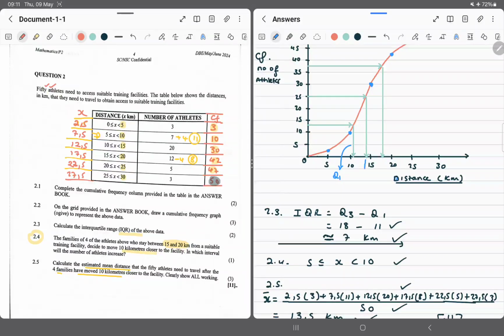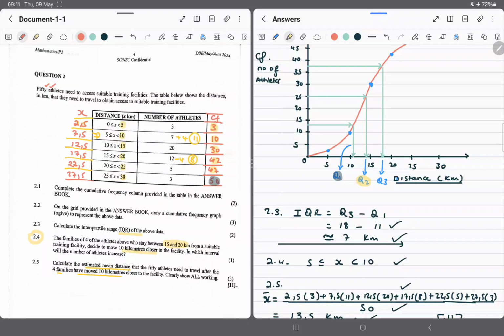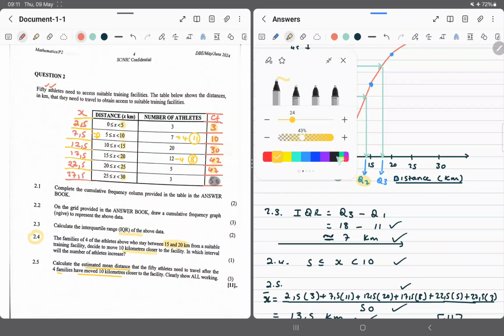And then here I'm going to write Q2, and then there Q3, so that someone can understand what's going on there.